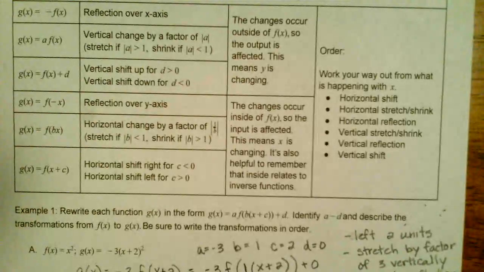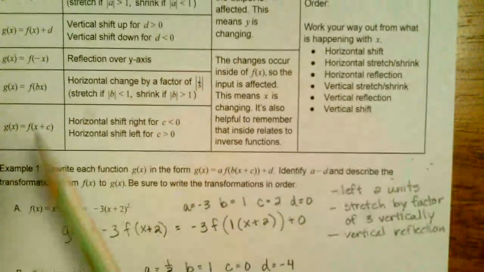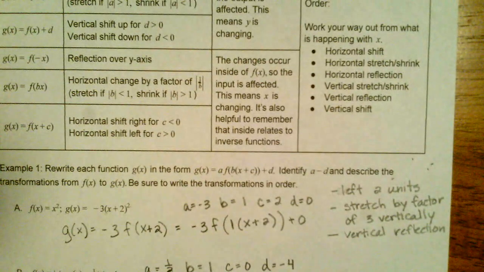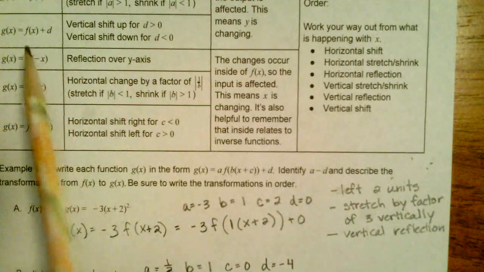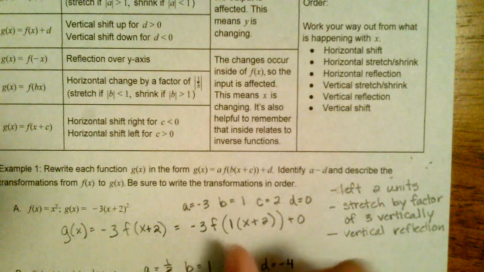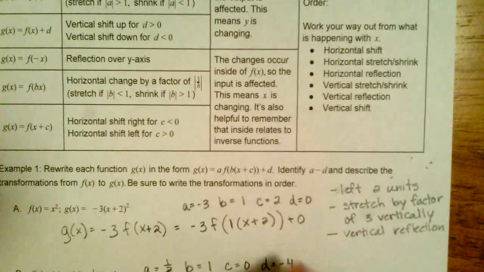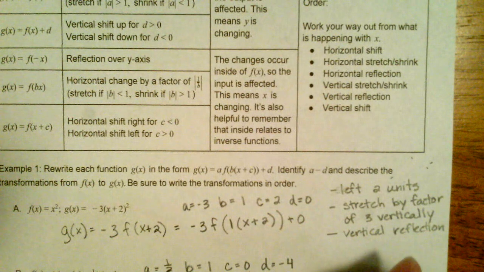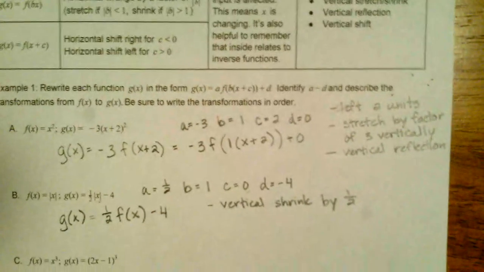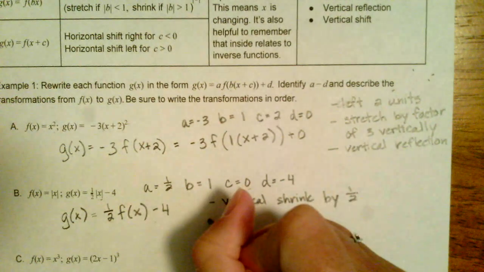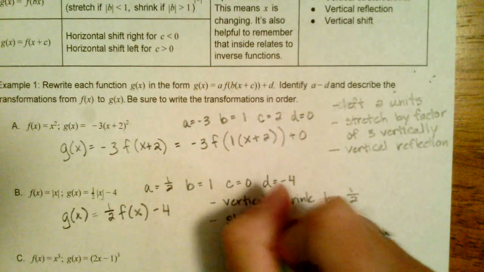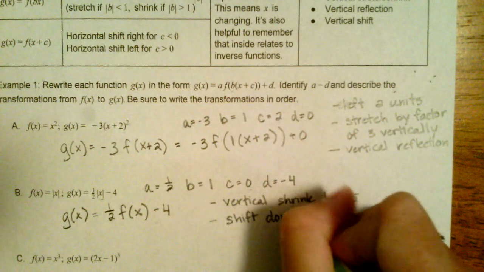So again, looking back up here, I need to go in order. B is 1, so that means there's no change. C is 0, that means there's no change. So now I want to work out my a of 1/2, which means I have a vertical shrink by 1/2, and I shift down by 4.